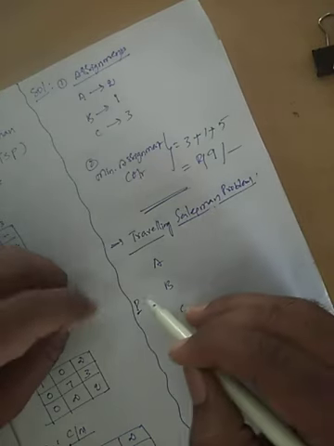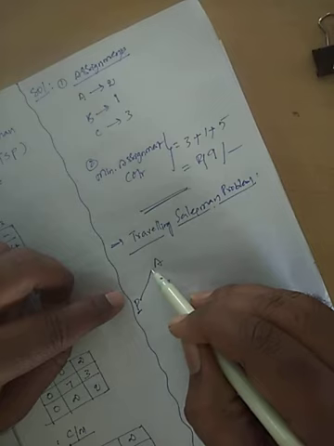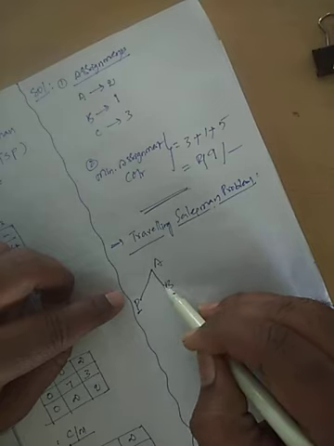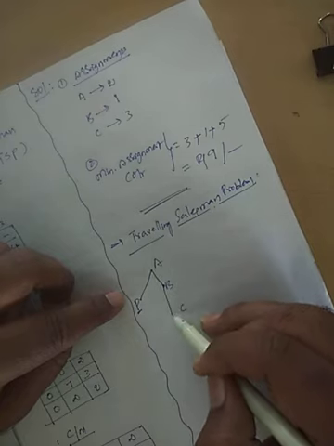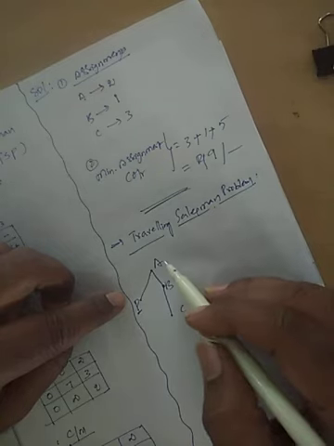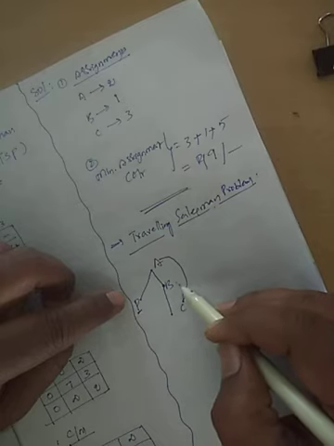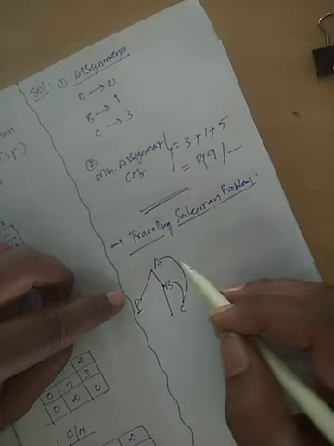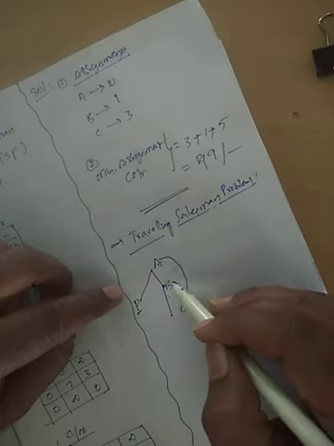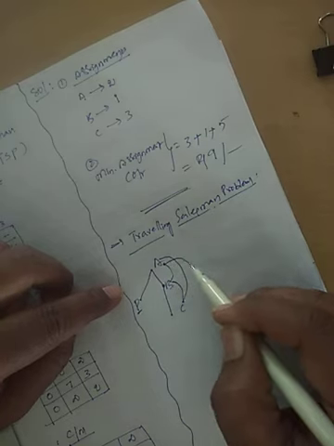Whether he should go to first city A, again city B, again he should come back to city C. Or else from city A to city C, or else directly to city B. Or else start from city B, or else coming back to city C.